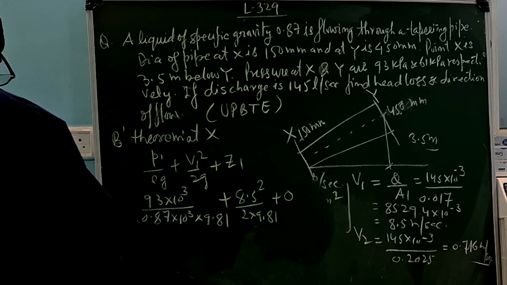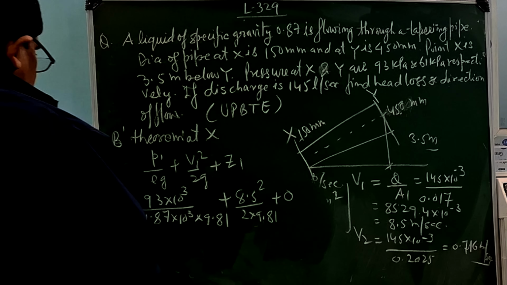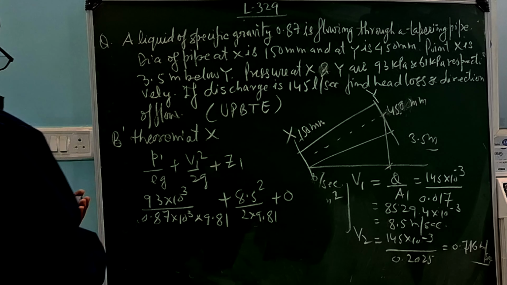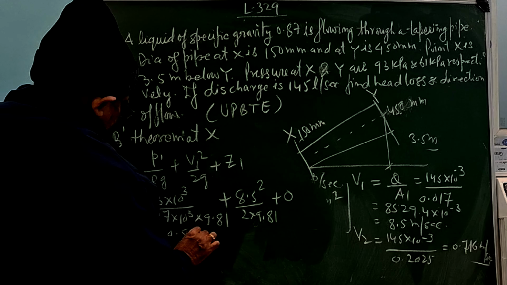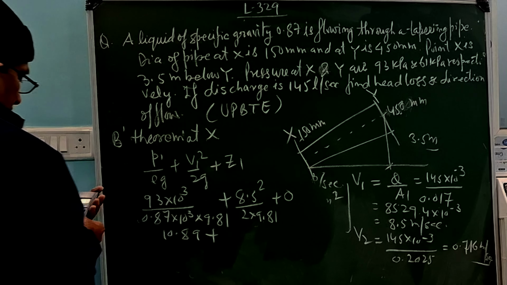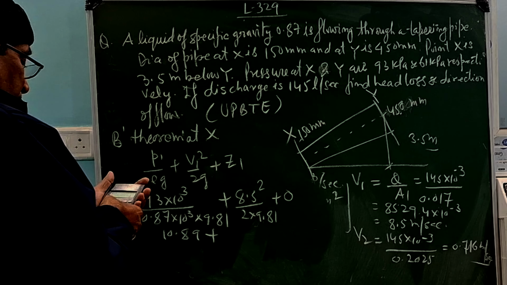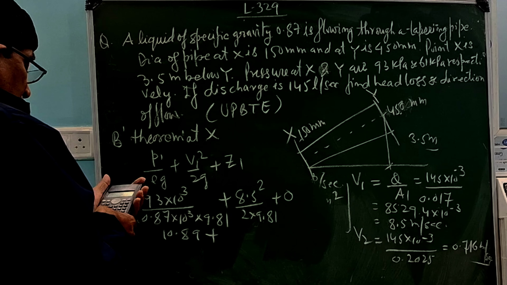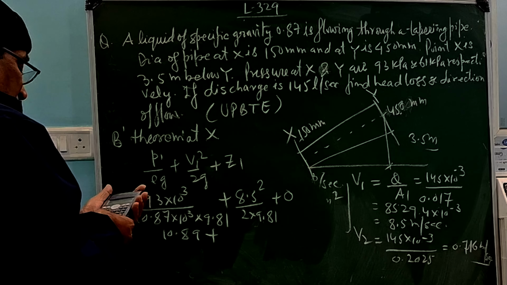So let us find out this thing. 93 divided by 0.87 divided by 9.81, this is coming 10.89, plus this is your 8.5 square divided by 2 divided by 9.81.